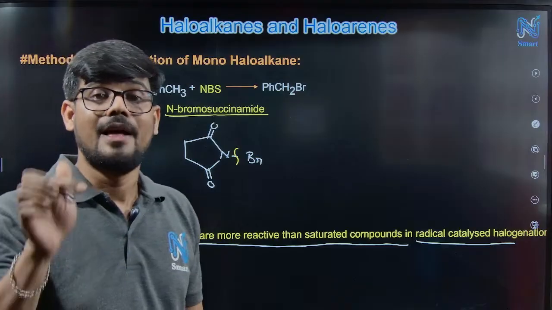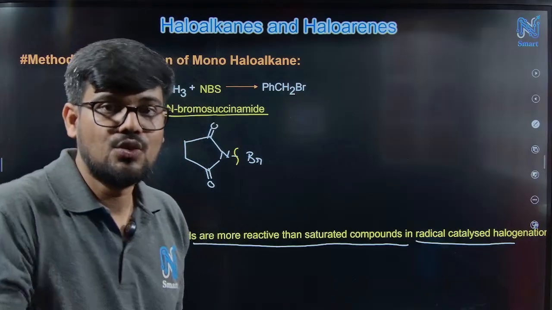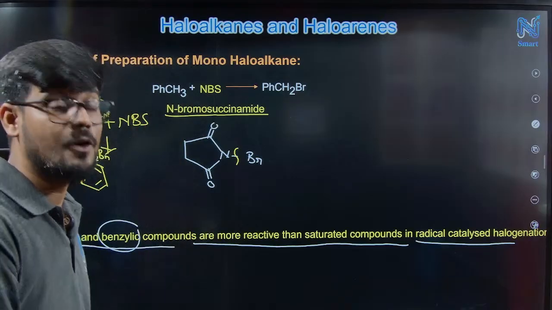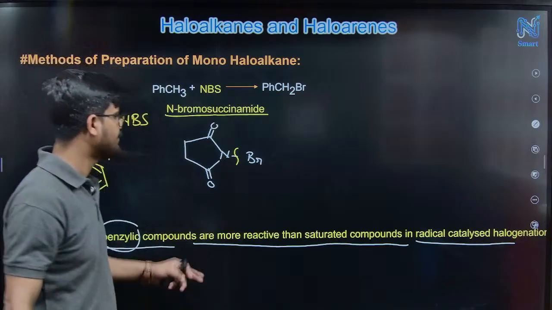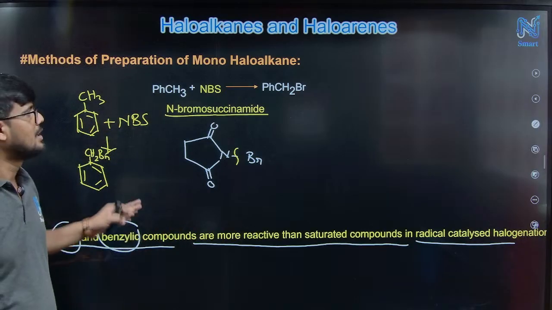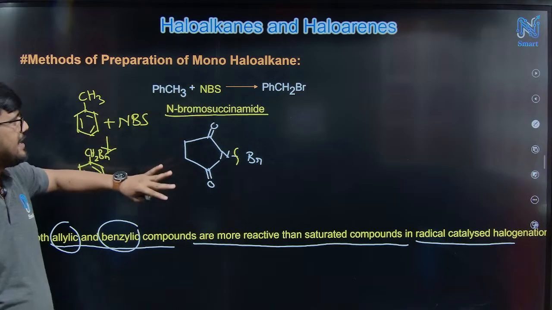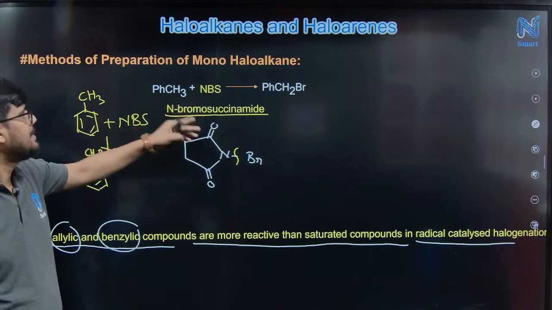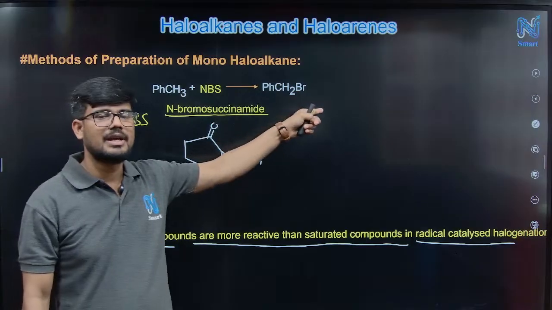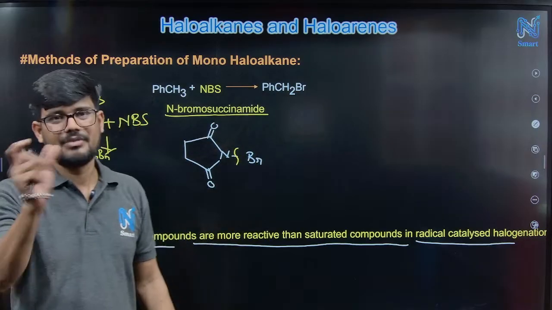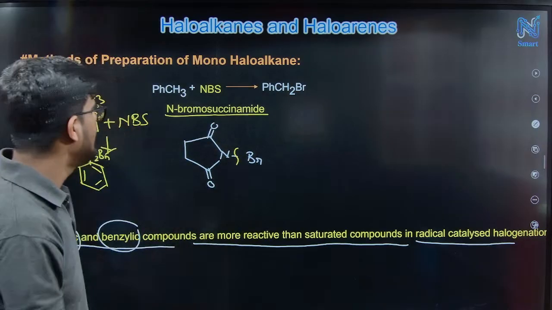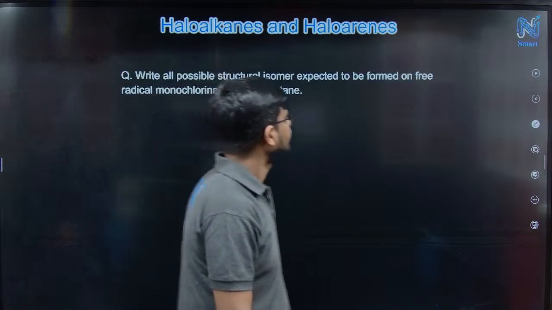The radical can be stabilized through resonance or different canonical forms, so they are much more reactive. This is the idea, right? In presence of NBS, you can get the alkyl halide compound. This is one example.